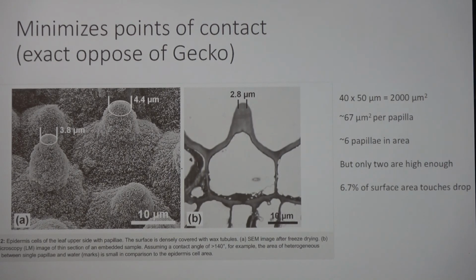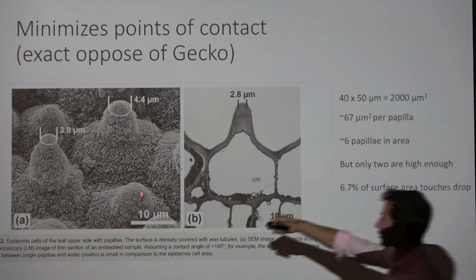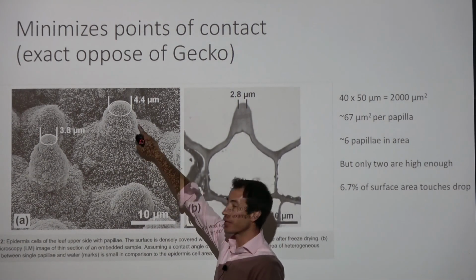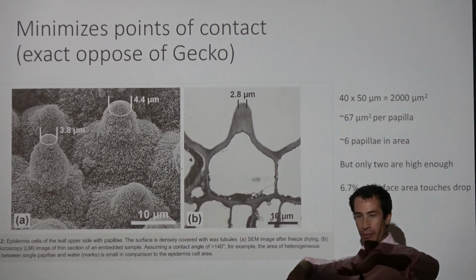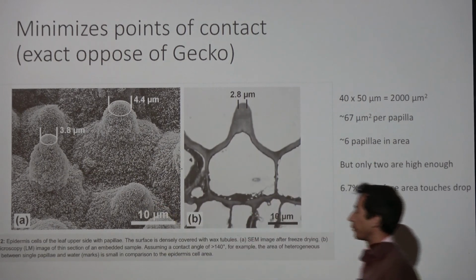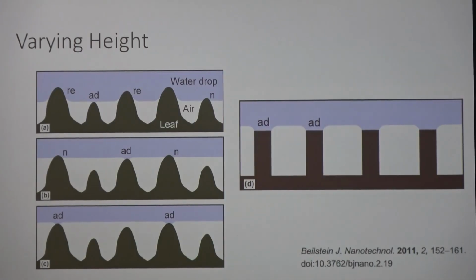So what this is doing is minimizing the points of contact, which is the exact opposite of a gecko foot, which has a lot of surface area. So for example, this one is significantly lower than this one. So if this drop of water came down, these two would see the water droplet, but that one would not, right?